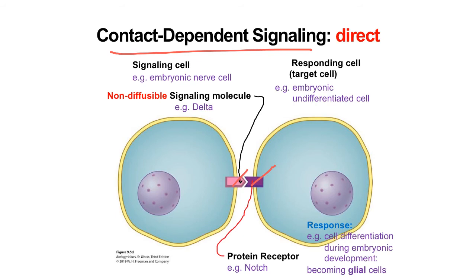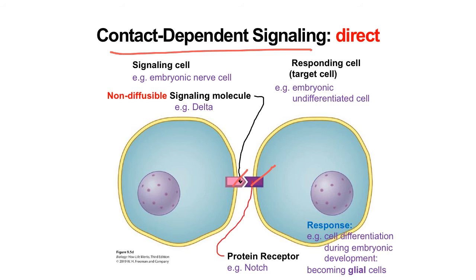So there is no diffusion process taking place in this particular type of signaling, where one molecule diffuses from the signaling cell and gets bound by the receptor cell.